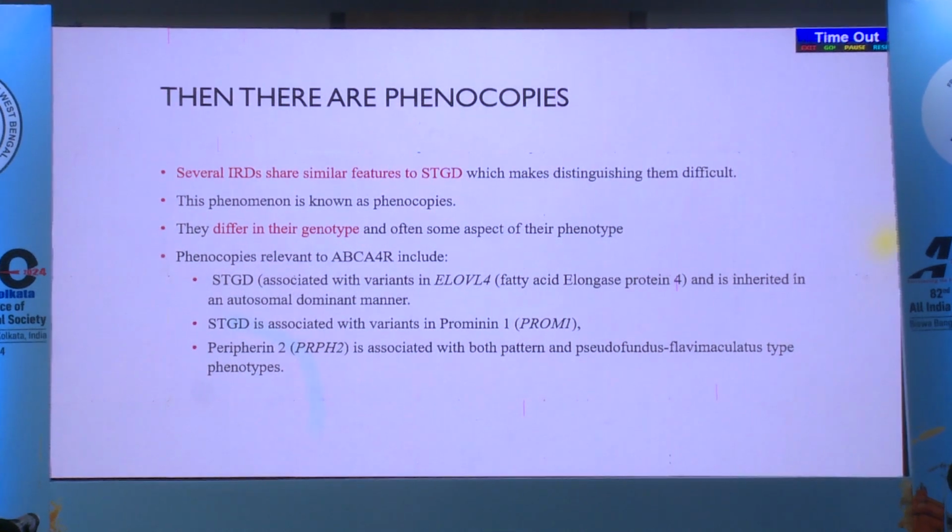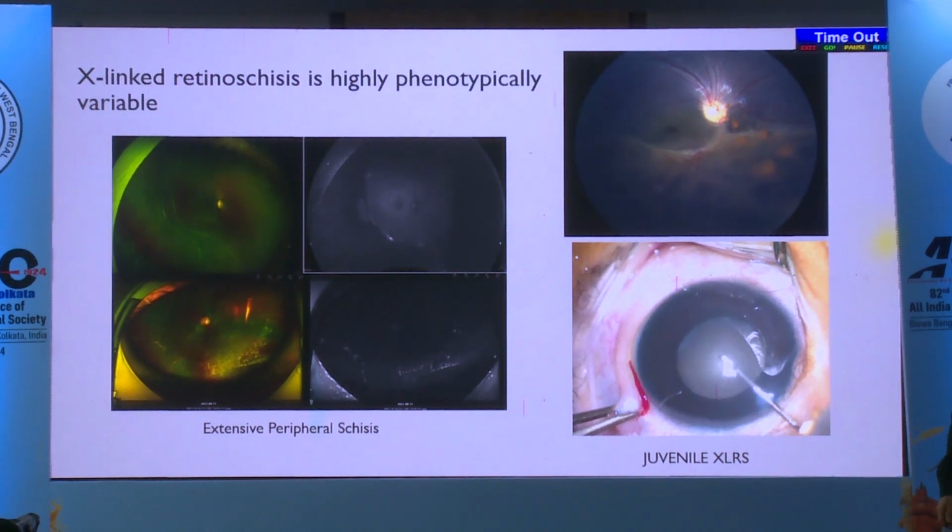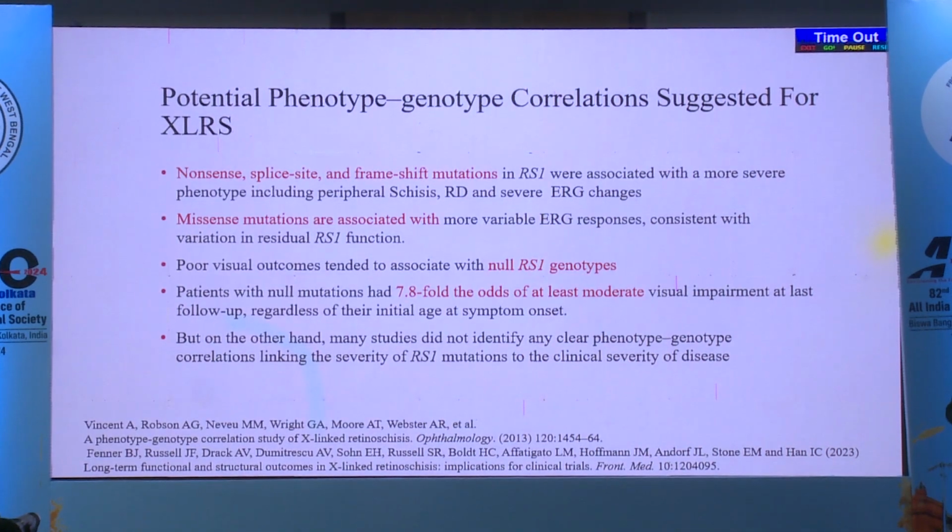Then there is something called phenocopies. So just like one mutation can give you various phenotypic presentations, various genetic mutations can give you a similar kind of phenotypic presentation. X-linked retinoschisis is highly phenotypic. We know we have milder varieties, we have severer varieties, and then here, whether it's a missense mutation, the kind of mutation will probably help.